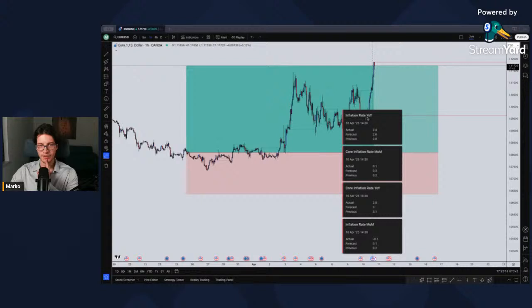We're looking at the year-on-year inflation rate. The previous number was 2.8. Forecast was 2.6. And the actual number came in at 2.4. So the actual number came in lower than the forecast and lower than the previous number. What does this mean?